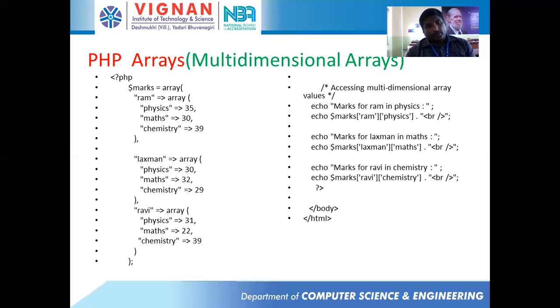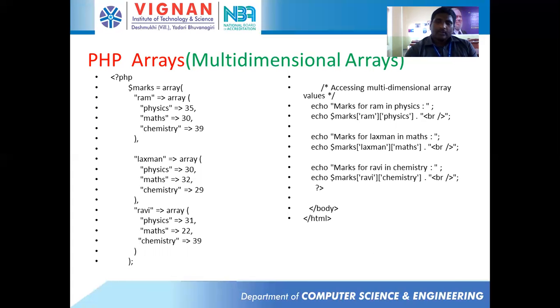If you want, you can use an index array also, not a problem. Here we call Ram's physics value by using a string within the brackets. So Ram's physics marks, Lakshman's maths marks, Ravi's chemistry marks. Anyway, I will show the output to you.